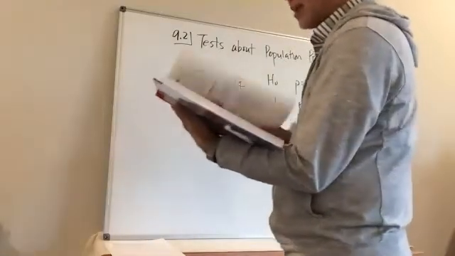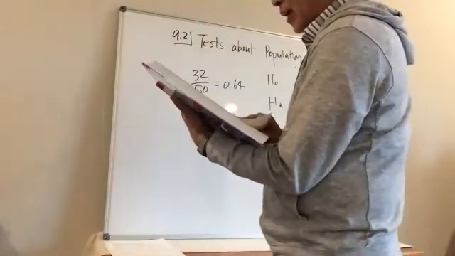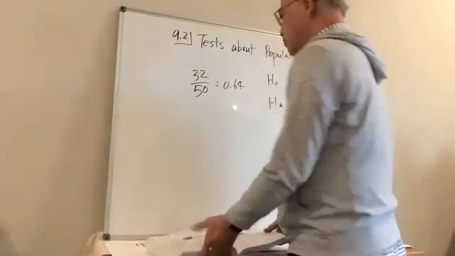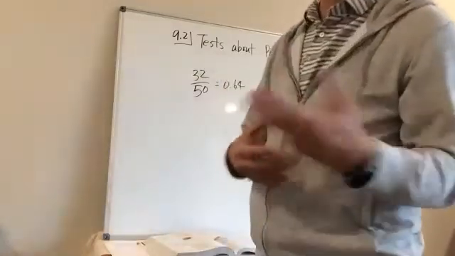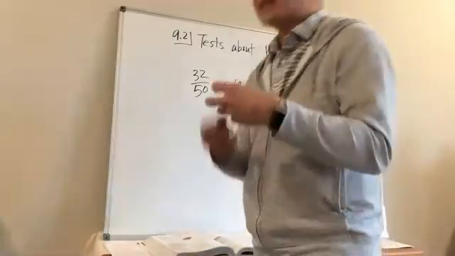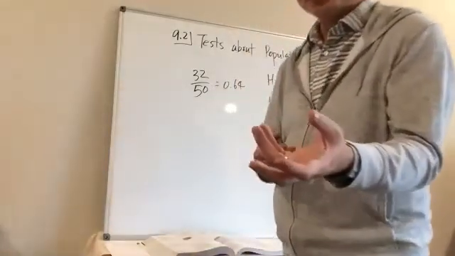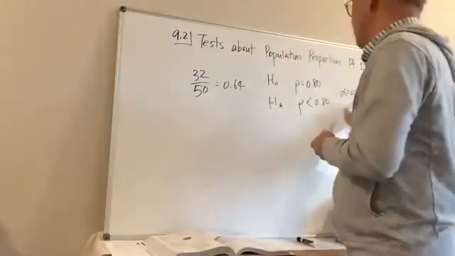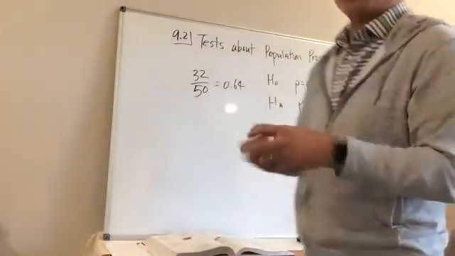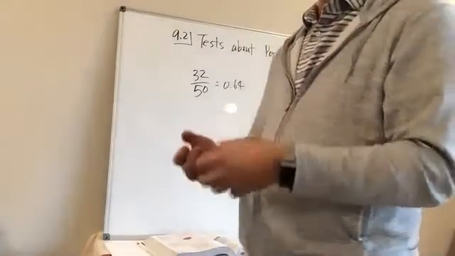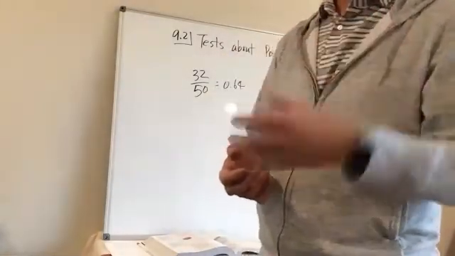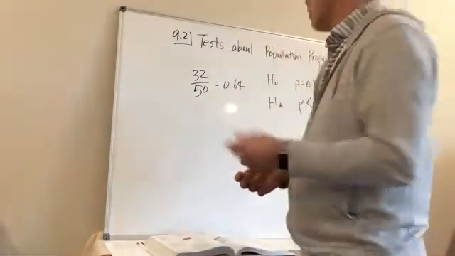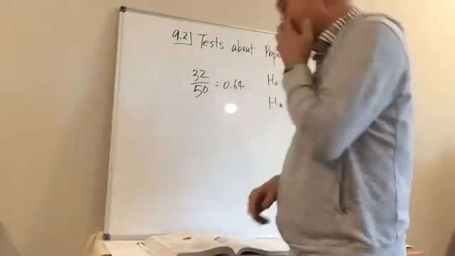That's another thing we need to let you guys know: if the significance level is not given to you, we are going to assume the alpha to be 0.05, because we had agreed that statistically significant was 5%. So that's where the alpha comes from.